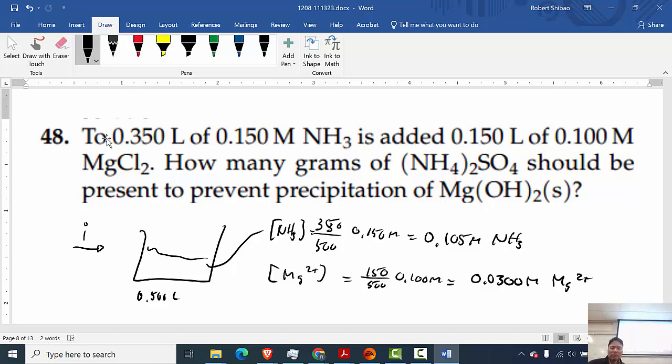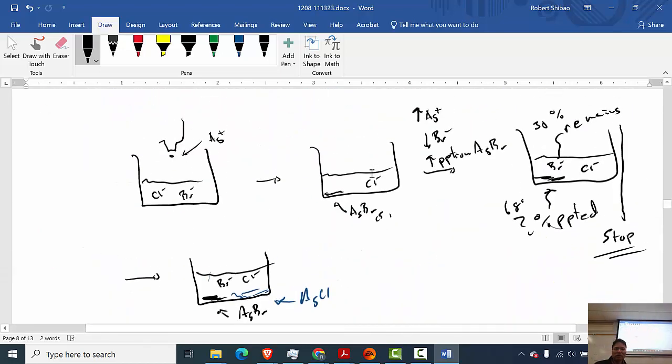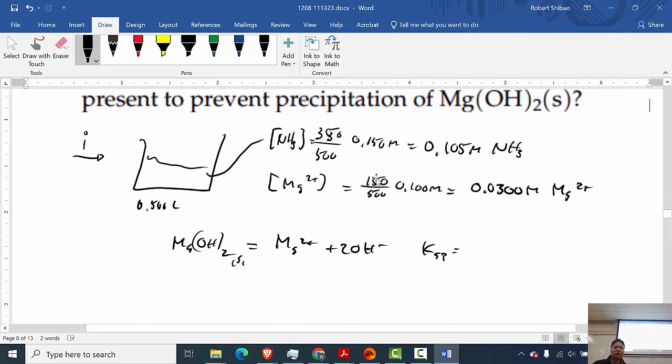So there are different ways we could do this. They're already telling us it should precipitate, but we can confirm that it will precipitate by just checking QSP. So in order to do QSP, we need the initial magnesium concentration, which we have, but we also need the initial hydroxide concentration, which we don't have. And so KSP for magnesium hydroxide, we saw that before. I think it was 1.8 times 10 to the minus 11.